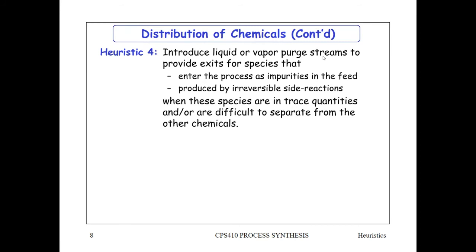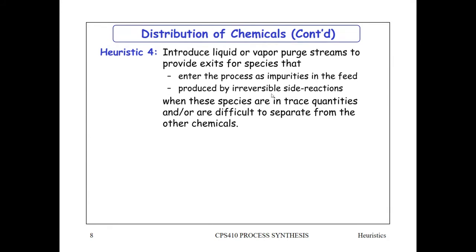An impurity can enter in the feed, or it can be produced by irreversible side reactions. And irreversible is pretty much the important word there. If it's irreversible, it has to be removed somehow.